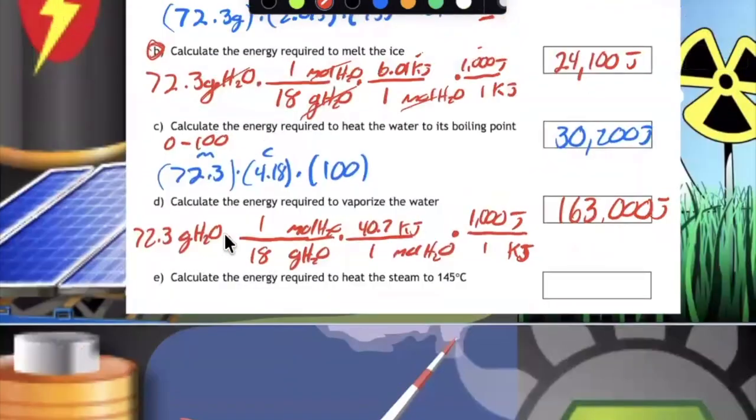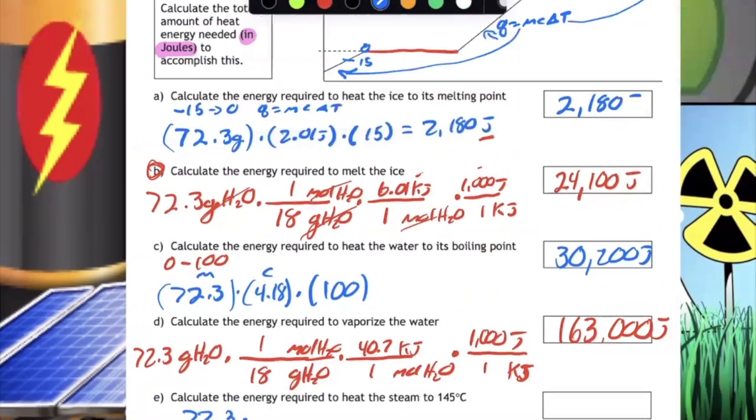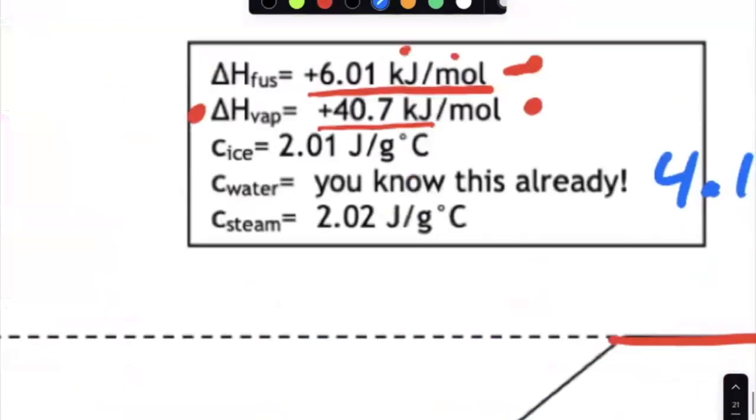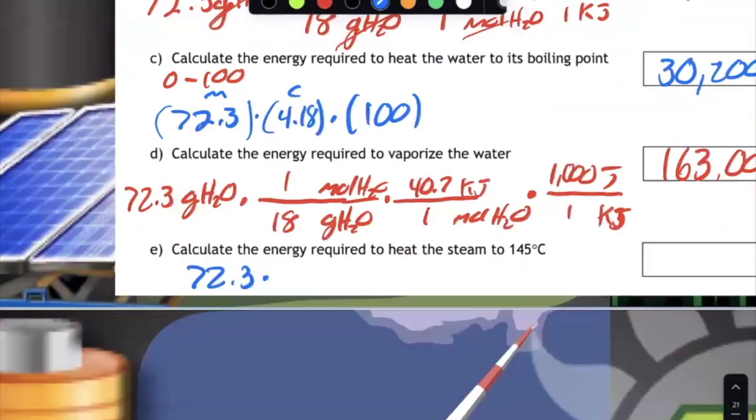Okay, and finally, let's do one last. Now we want to go from steam at 100 degrees Celsius to steam at 145. So Q equals MC delta T one more time, and that's going to be 72.3 times. Now remember, the C of steam is not the same as the C of water, although obviously it's extremely close to ice, but 2.02 joules, which is great, means I don't need to convert kilojoules to joules.